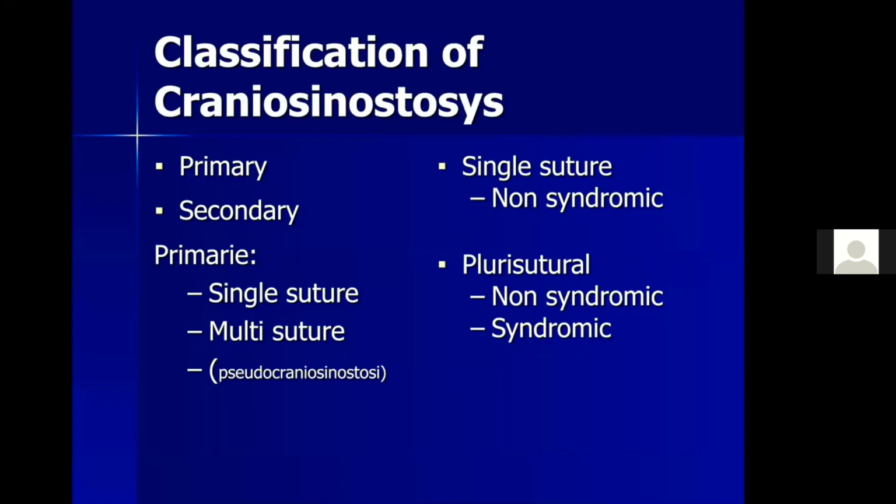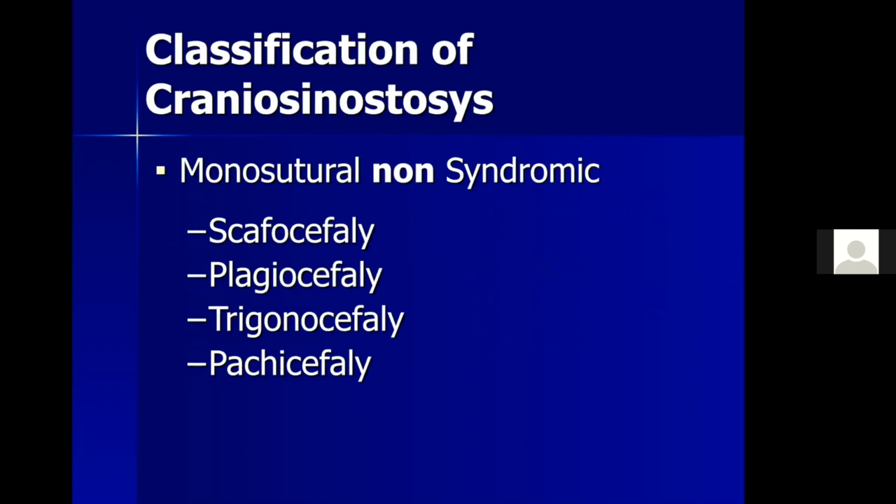As a classification of craniosynostosis, we have primary and secondary craniosynostosis. In primary craniosynostosis, we have single suture and multi-suture. Single suture are classified as non-syndromic, and multisutural as non-syndromic and syndromic craniosynostosis.